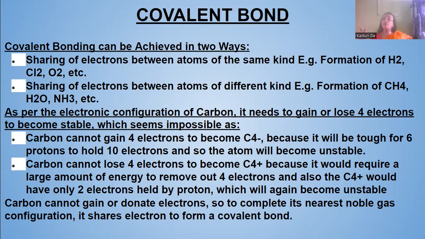It will hold only 2 electrons held by 6 protons, and that will also become unstable. So carbon cannot gain or donate these 4 electrons. To complete its nearest noble gas configuration, that is, to form the octet configuration, it will share electrons to form a covalent bond, with the same atoms of the same kind or with different atoms.